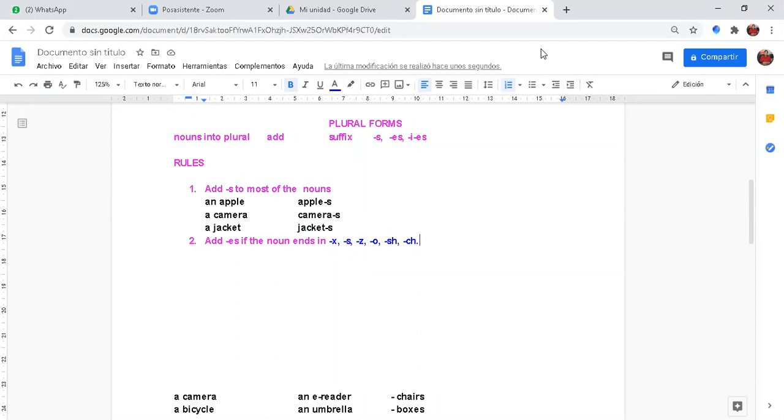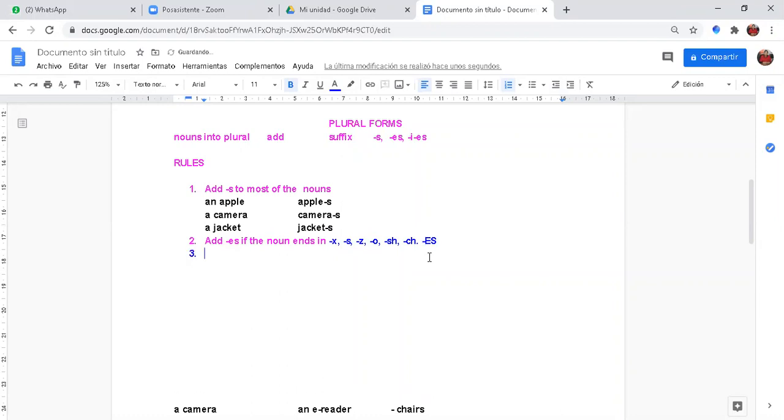Now pay attention. If the noun ends in one of these letters, what do you have to do? Add es.